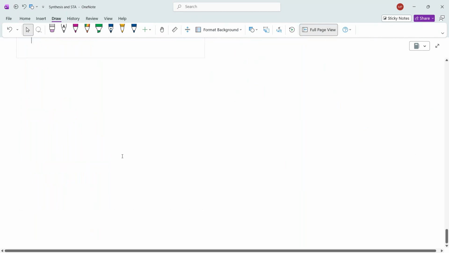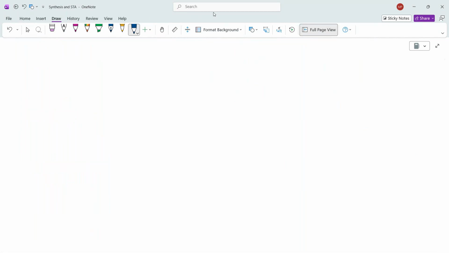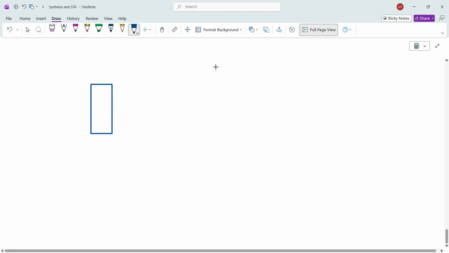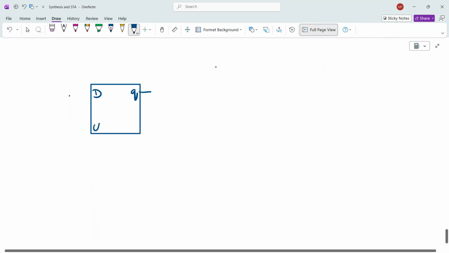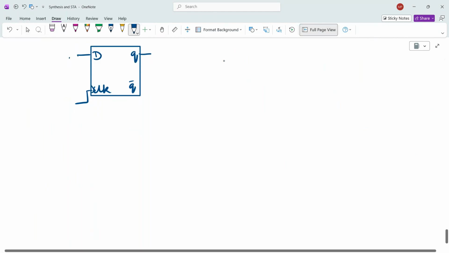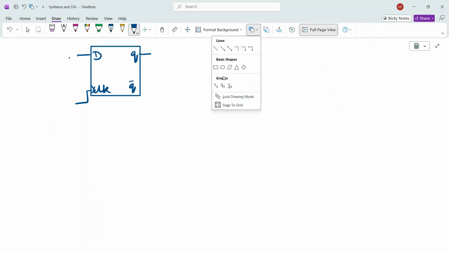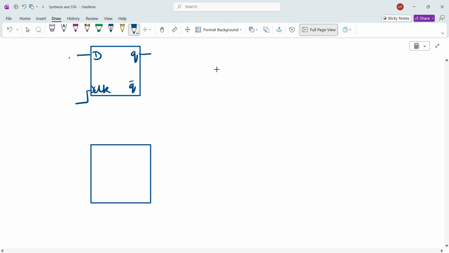So basically how does it look? Normally we are having D flip-flops like this. It is having D, Q, clock. And when we talk about scan chain, these flip-flops will get converted into scan flip-flops like this.